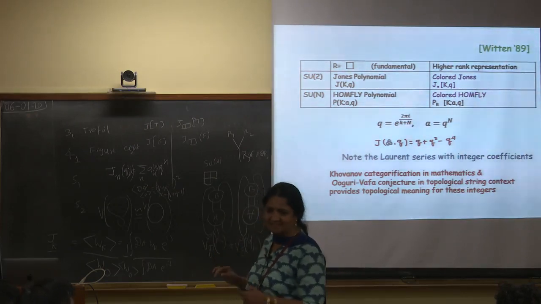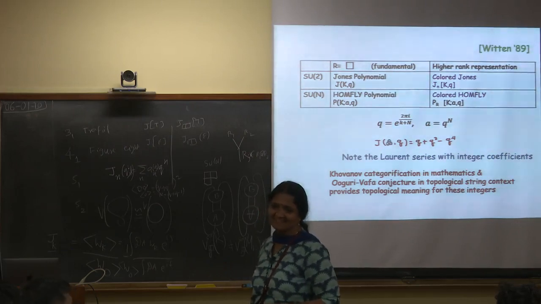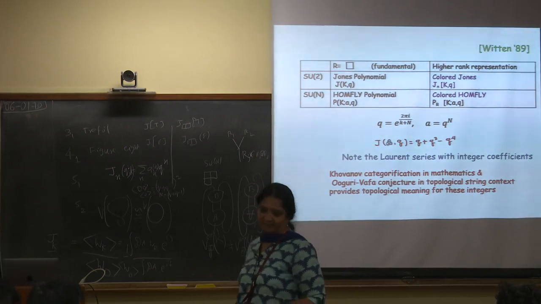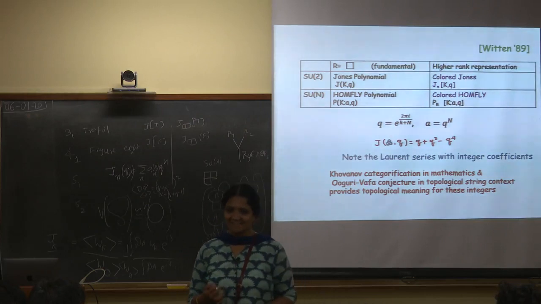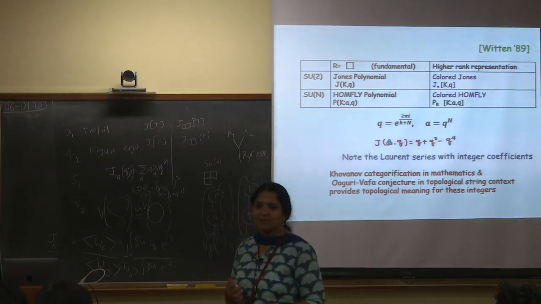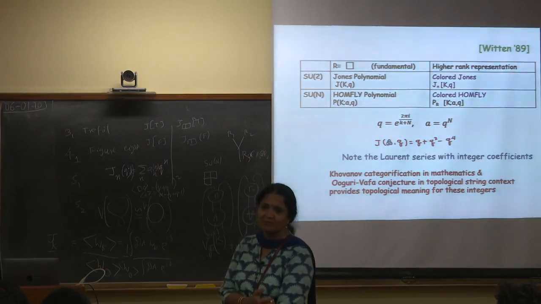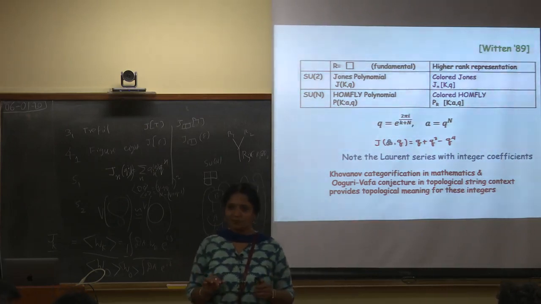But it is not as clean as the way we work in S3. Another thing is that S3 has a trivial flat connection, whereas if you do S3 mod Z2, S3 mod Zp and so on, then you need to worry about the space of many saddle points. So there are some issues about it.